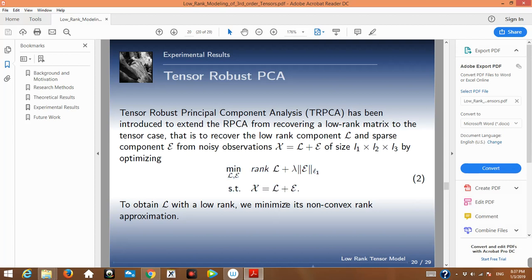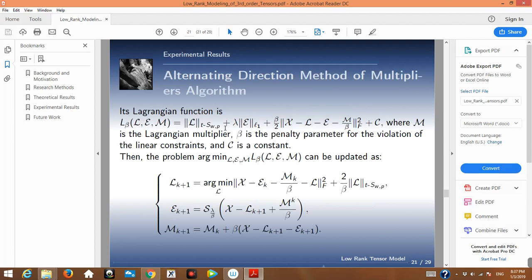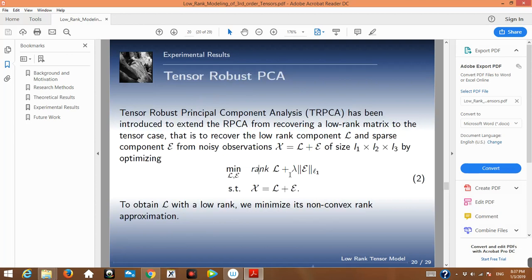And if we use a non-convex rank approximation of the rank of L, we can use the ADMM algorithm to solve the Lagrange function, to solve this optimization problem.